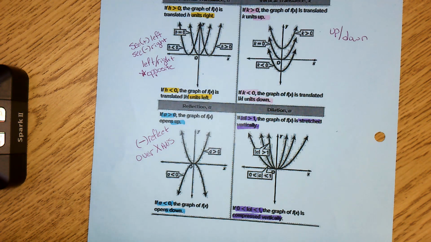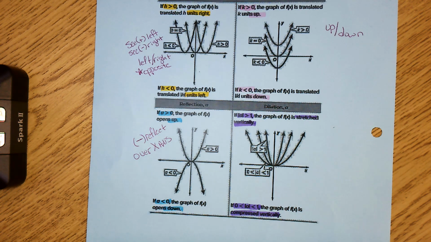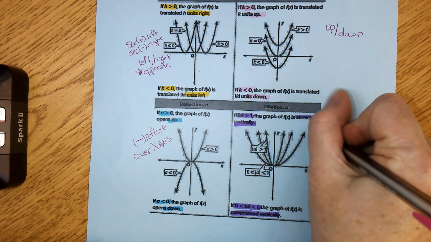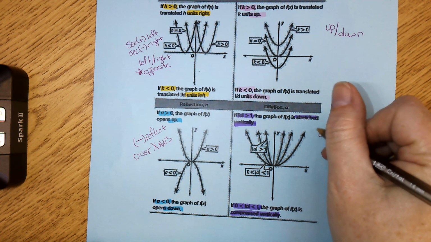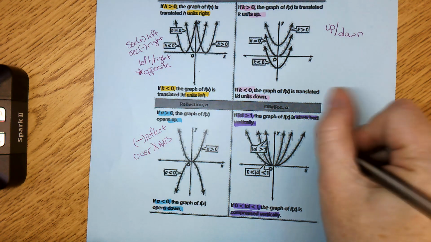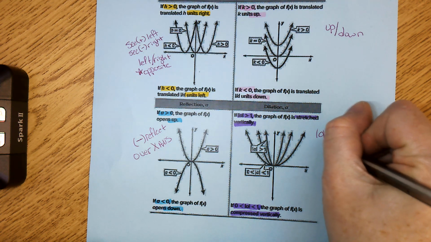Again, it is outside the parentheses with the x, so therefore it is vertical, and that means it affects the y, okay? So let me see, if the absolute value of A is greater than 1, then it is a vertical stretch.